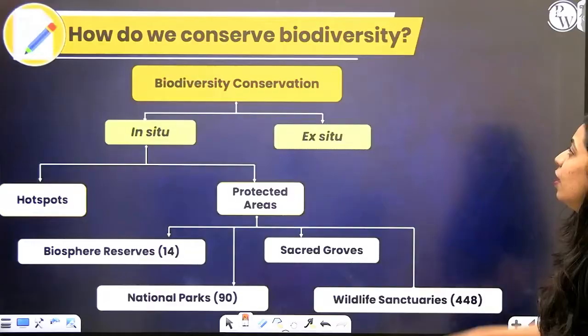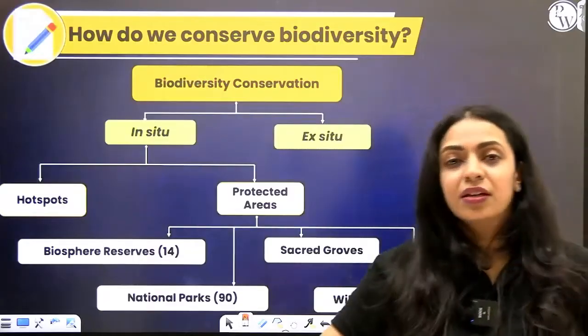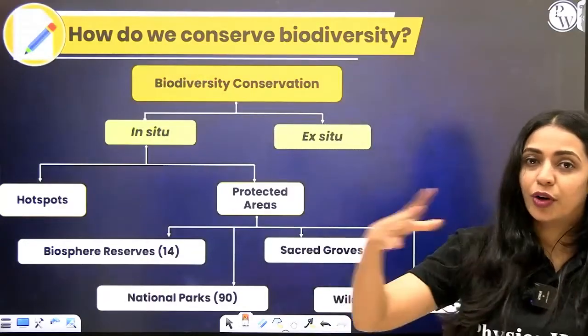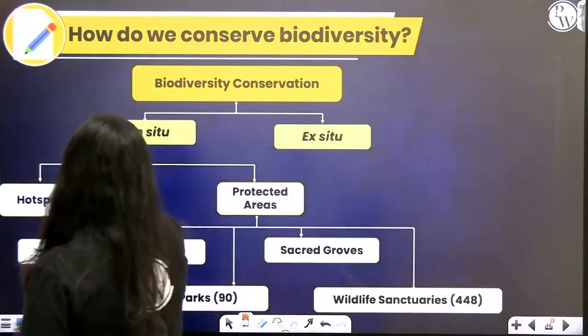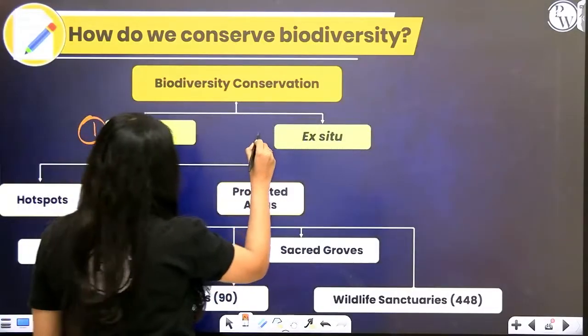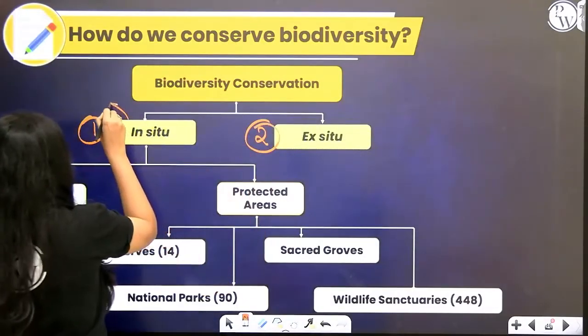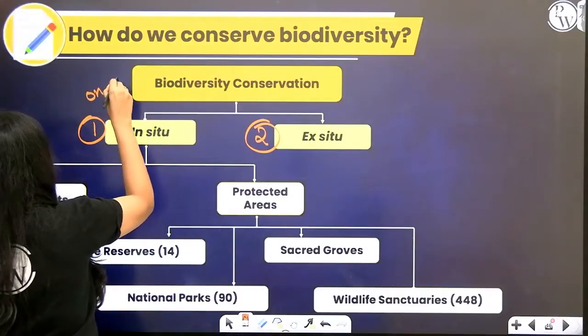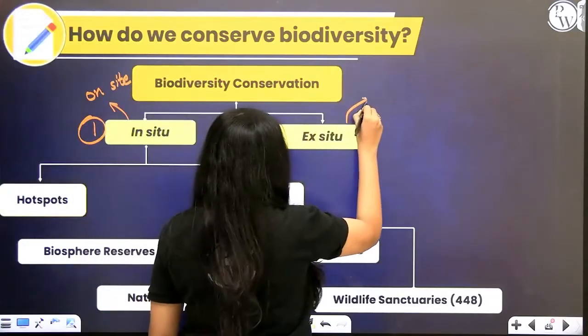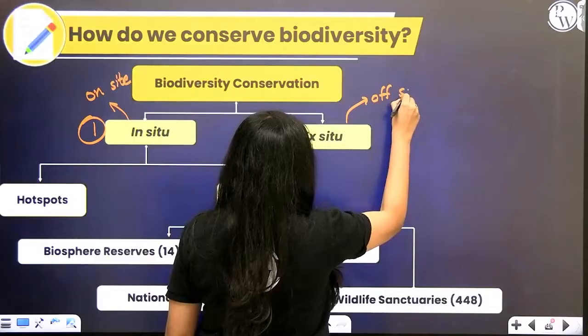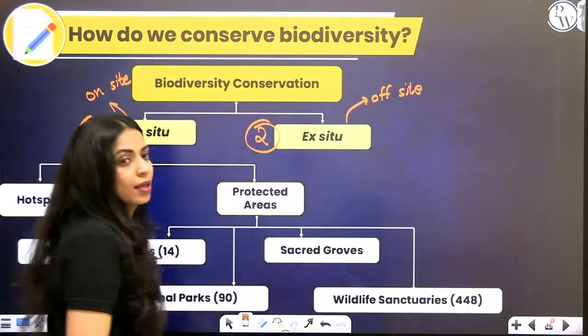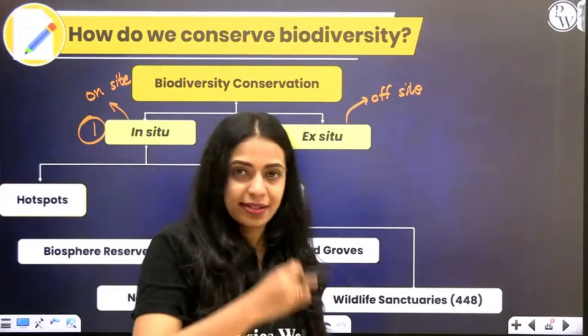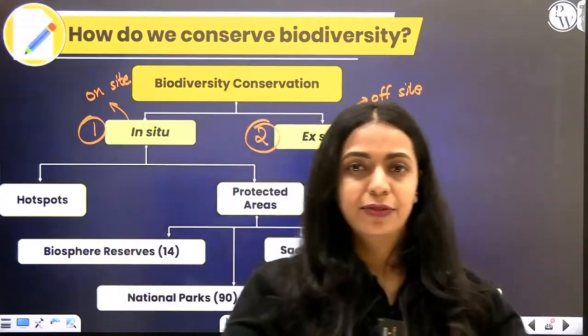Now, what are the different ways in which we can conserve biodiversity? There are two important approaches that we take. One is in situ and the second one is ex situ. In situ is on the same site, ex situ is off site. If you want to save a tiger, you save the entire forest.